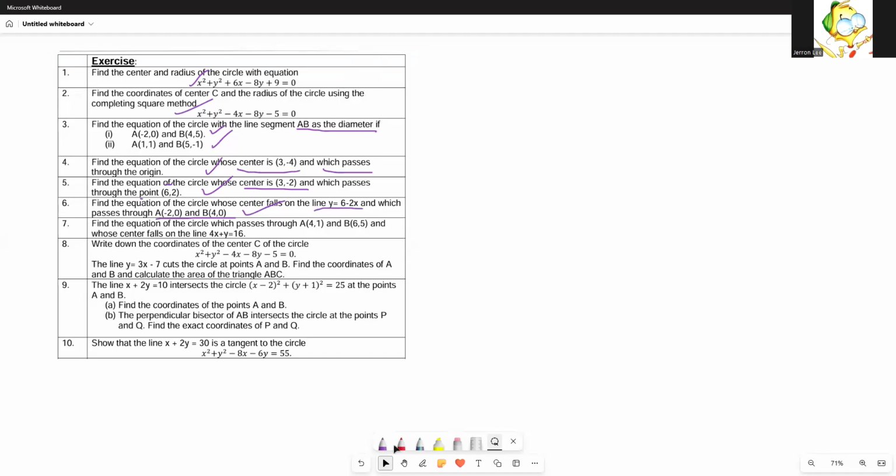So I am not going to go through the solutions, but I want to share the answers with you so that you can compare and check with me. It's basically going to be the same strategy. So question number 7 you can write as the equation (x - 3) to the power of 2 plus (y - 4), and the answer that I'm getting for r squared is equal to 10.